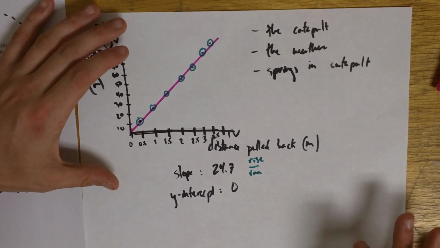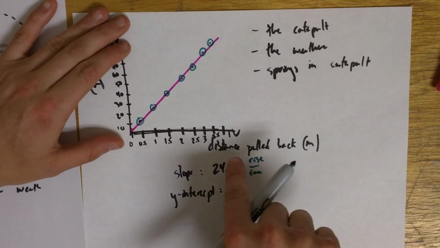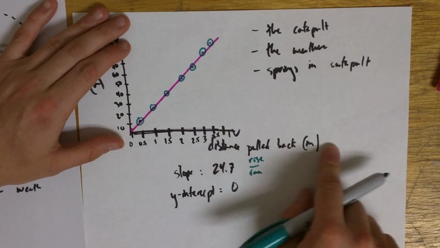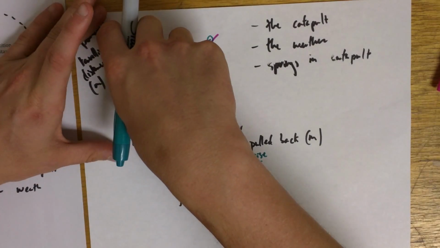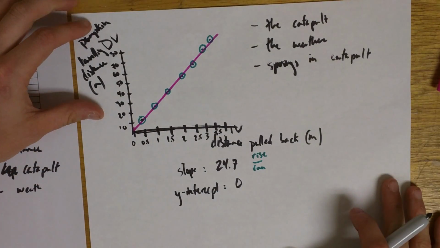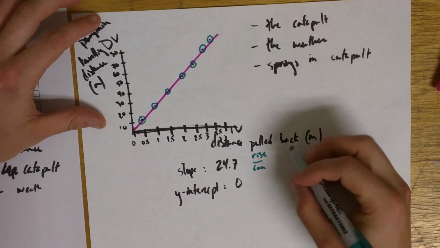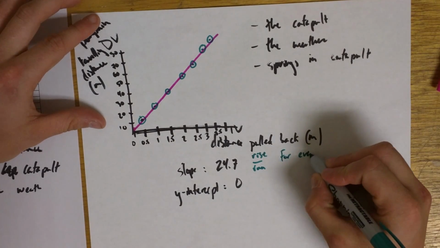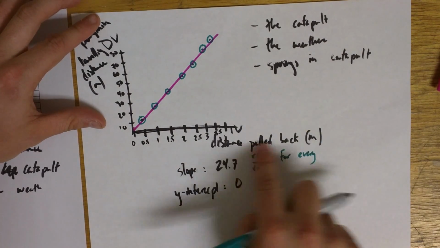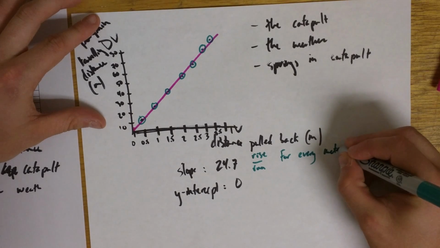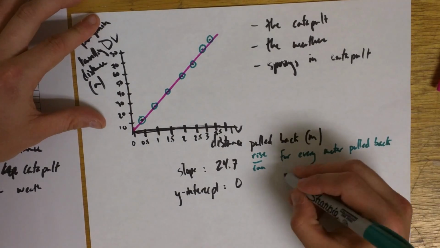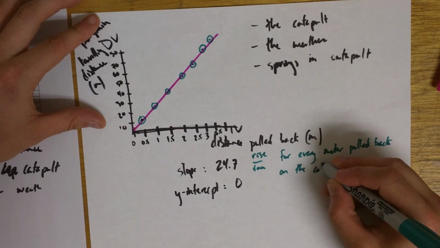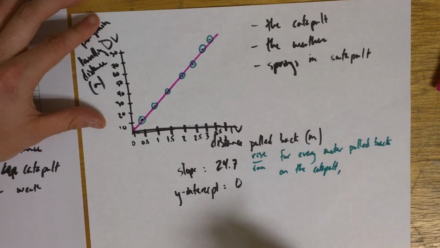We'll write this sentence by saying for every whatever's on the IV or x-axis, we get something that's on the y-axis. Let me write this out. For every meter pulled back on the catapult, what happens?